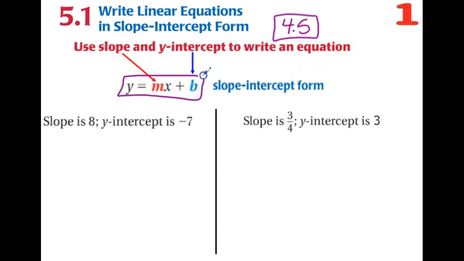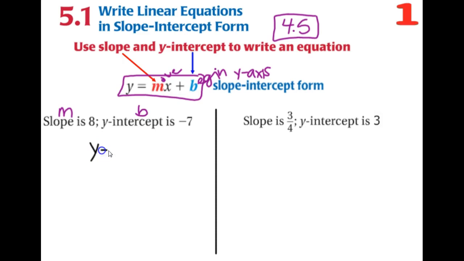Like we've identified before, m is our slope, how we move, and b is our y-intercept, usually where we begin on our y-axis. So first it says our slope is 8, and our y-intercept, where we're crossing our y-axis, is really our b.